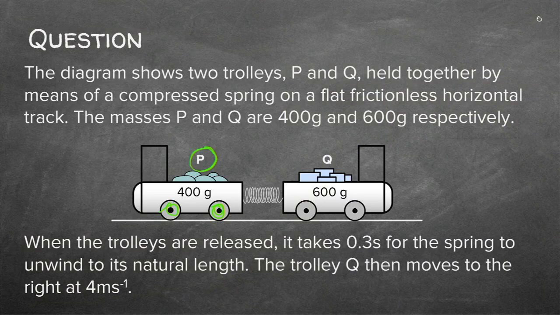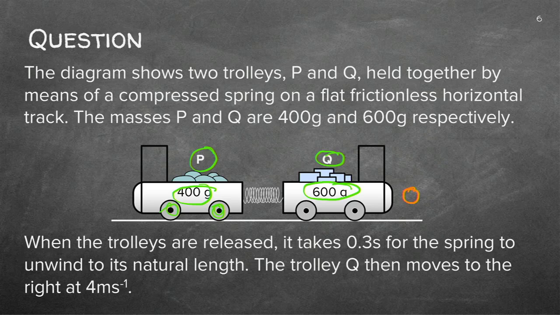What do we have? Trolley P, and it's got a mass of 400 grams. Guys, immediately think, can I work in grams? No, you cannot. I've got trolley Q also in grams, 600 grams. And I will immediately go and convert those to the quantities I know.